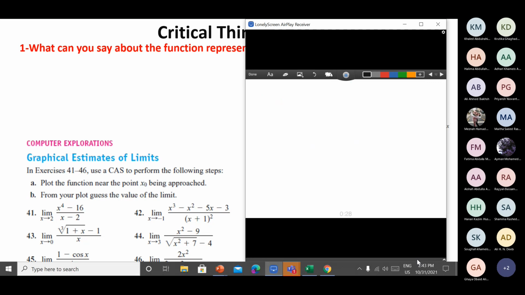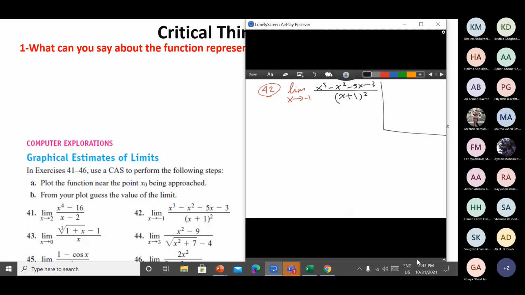42. How to find the limit when x tends to negative infinity for the function x cubed minus x squared minus 5x minus 3 over x plus 1 squared.